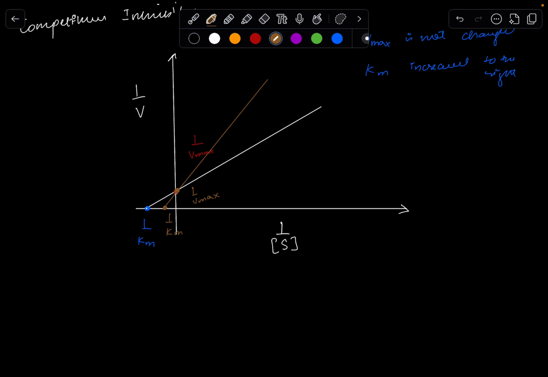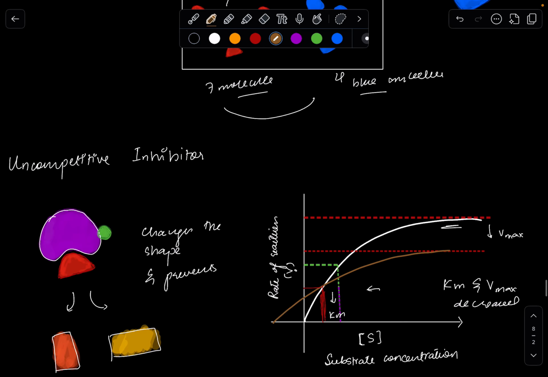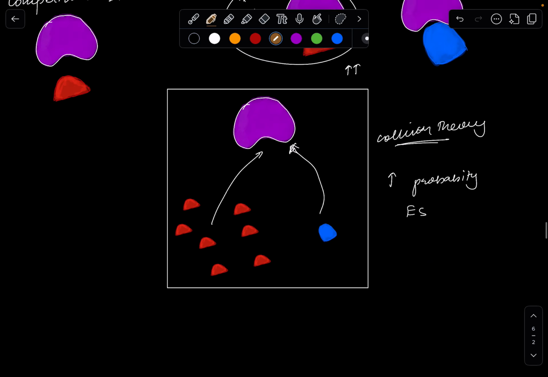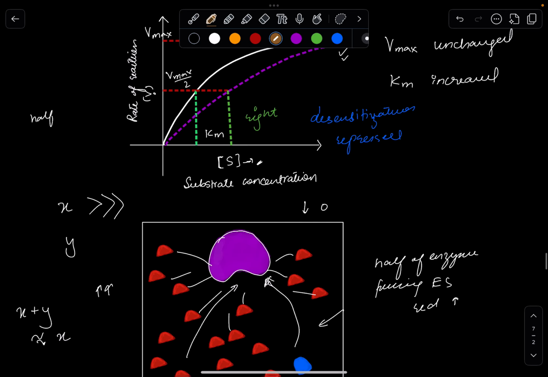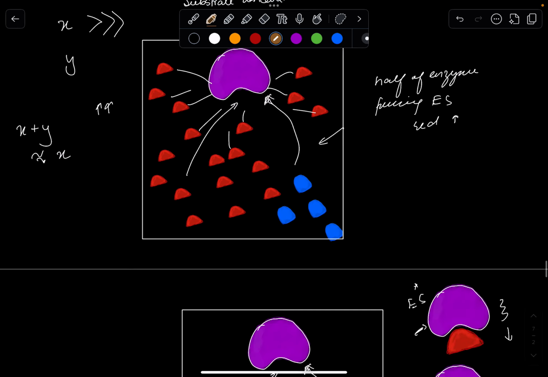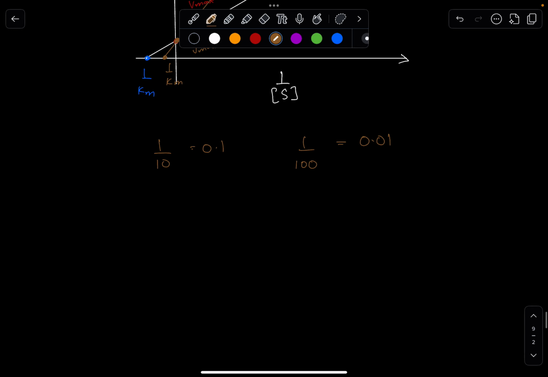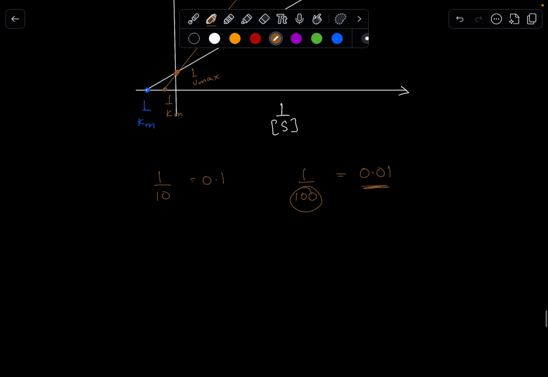Well, remember, 1 over 10 is 0.1, 1 over 100 is 0.01. So if in the original case it shifts to the right, this is a larger value. When I have a larger value and I take the reciprocal, I have a smaller value. So this would be your 0.01 and this would be your 0.1 as an example, right?